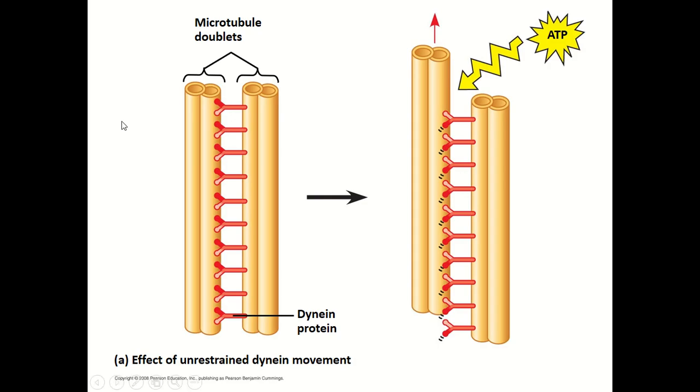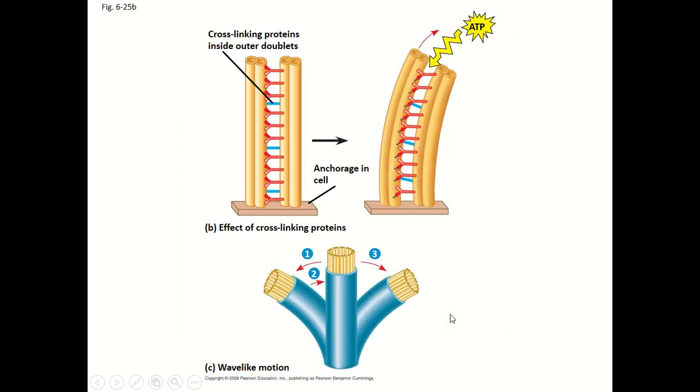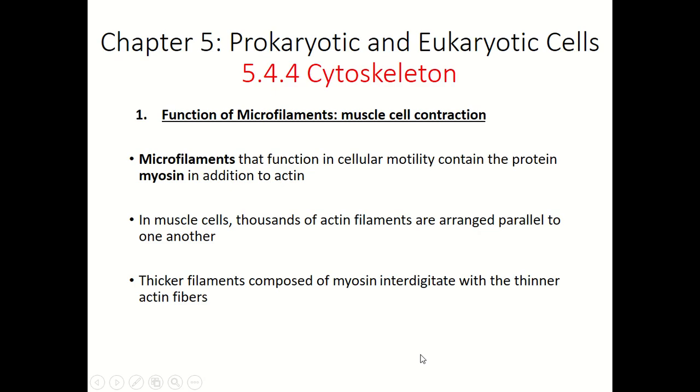As you can see here, this is the dynein protein connecting the doublet microtubules. When there is ATP, it will control the movement of the cilia and the flagella, either this movement in the flagella, or this recovery movement or wave movement in the cilia.